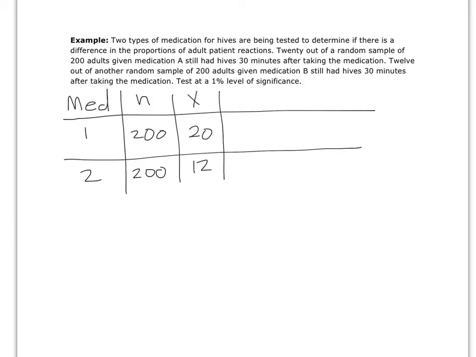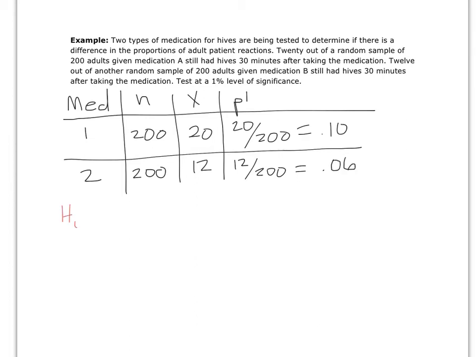And then we can calculate P prime for each of those. All right, so for the first one, we take 20 over 200, and that gives us 0.10. And for the second one, we take 12 over 200, and that gives us p prime of 0.06.